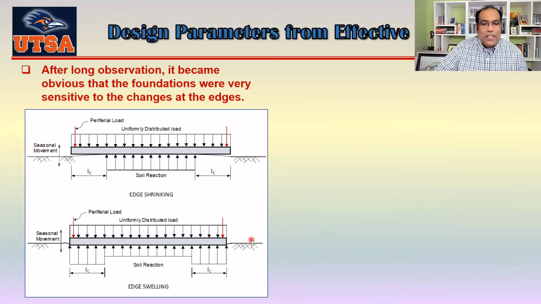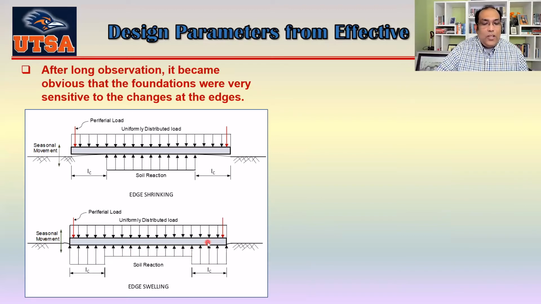And here you can see when it rains, the soil very close to the edge will be saturated or will try to get more moisture from the rain and will try to swell. So in that situation we have higher swell pressure than the normal soil reaction here.